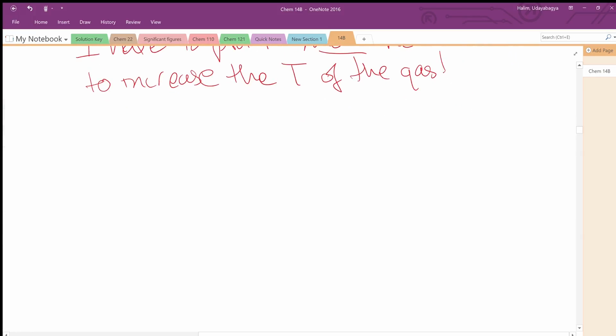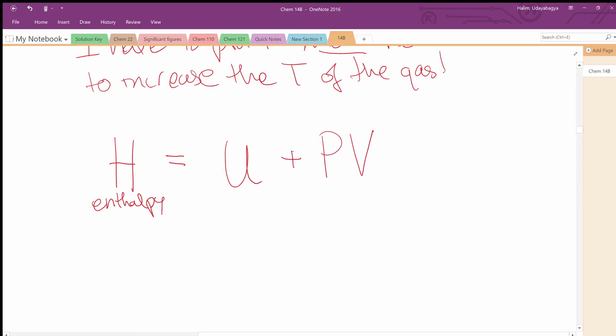And essentially that equation is called the enthalpy, H. In order to incorporate the fact that gases expand, contract, and so on, the definition of enthalpy is that enthalpy is equal to the internal energy plus PV. So the enthalpy is equal to the internal energy plus the pressure times volume.